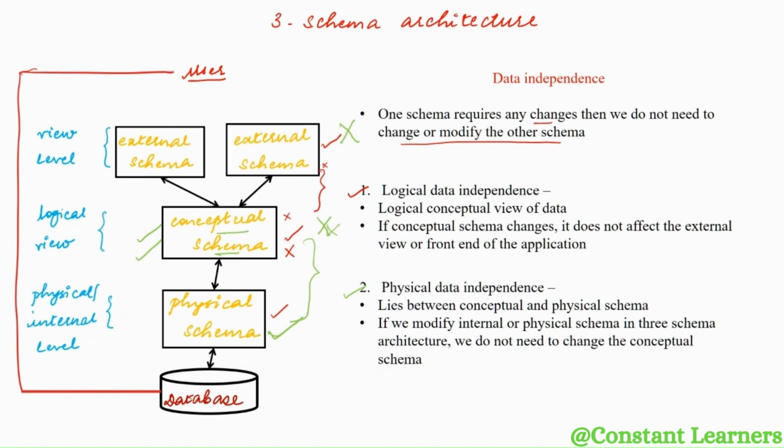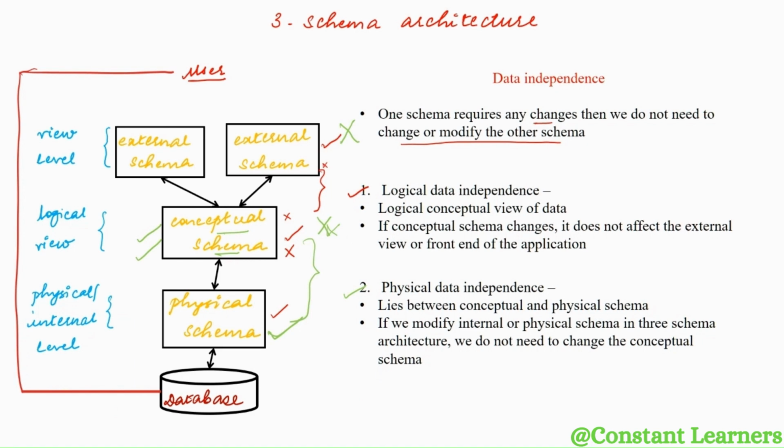Until and unless the data itself or its columns or constraints are being changed, we are not modifying the conceptual schema, but we can surely change the name of the files where the data is being stored, its location, its access path, etc. So that was data independence. I hope that up until here everything was clear.